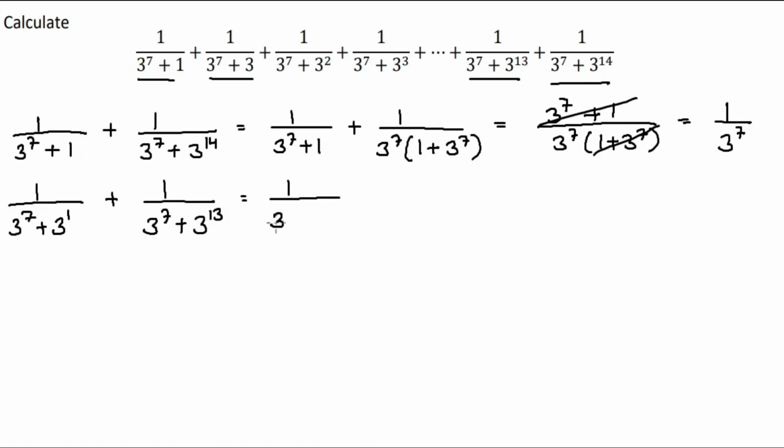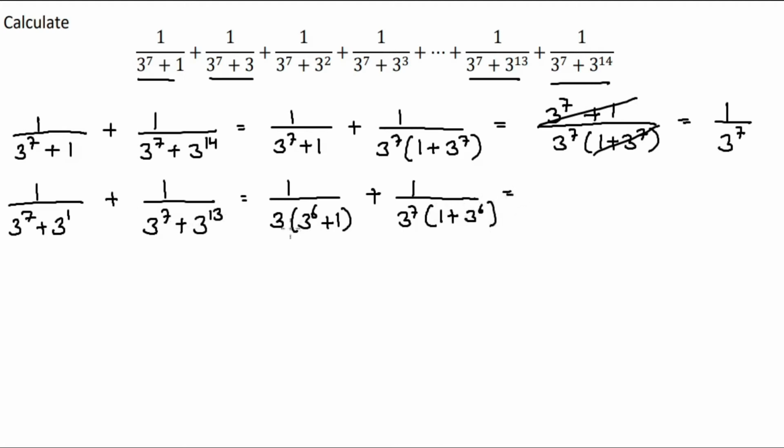In the first one, if I take 3 common, it becomes 3 to the power of 6 plus 1. In the second one, I take 3 to the power of 7 common, so it becomes 1 plus 3 to the power of 6, because 7 subtracted from 13 leaves 6.